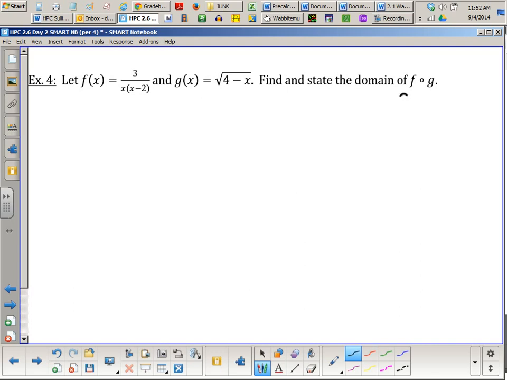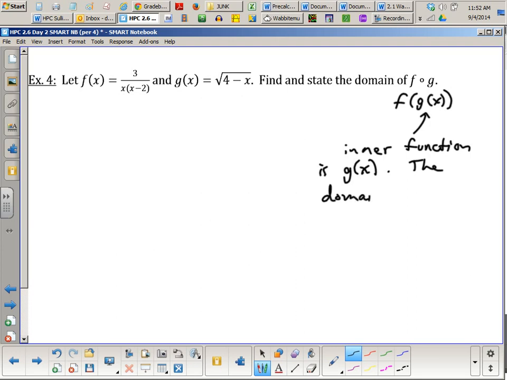Okay, so f of g means f of g of x. So what's the inner function? Yes, g of x. What is the domain of g of x?